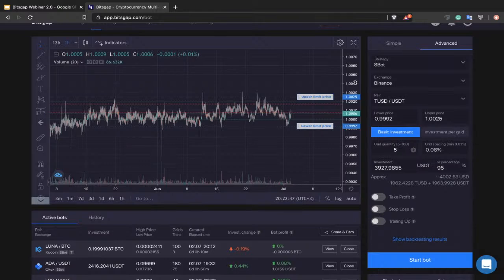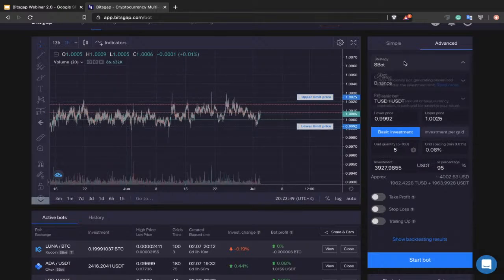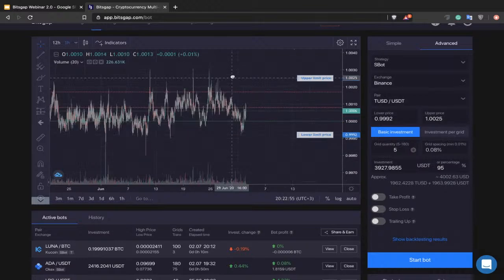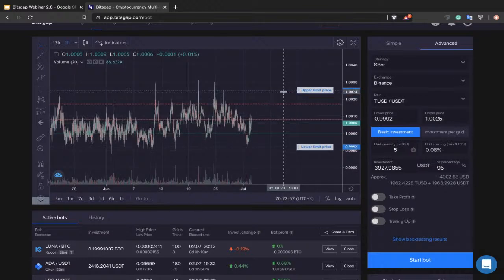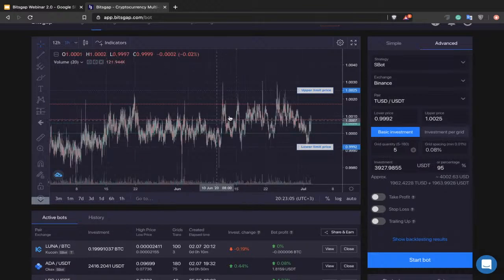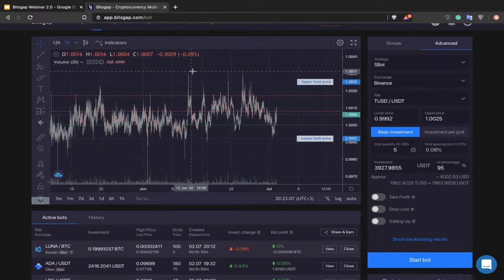And with the scalper feature, in theory, soon you will be able to execute SBot with optimal settings to trade on this passive market. But as of now, we are still working on the optimization.